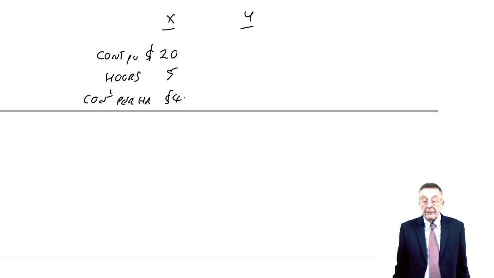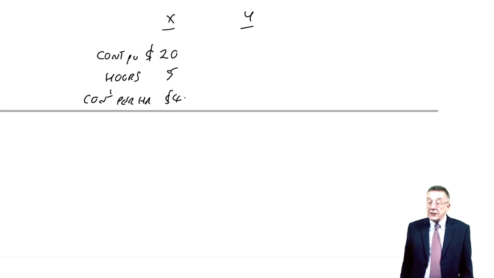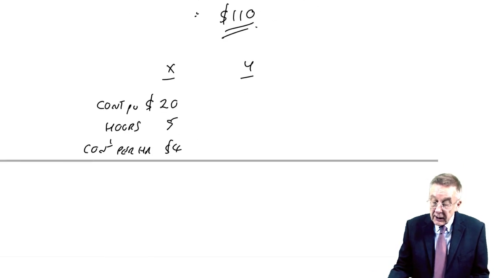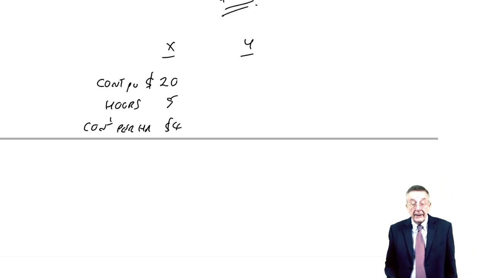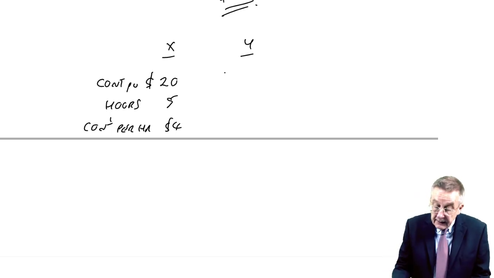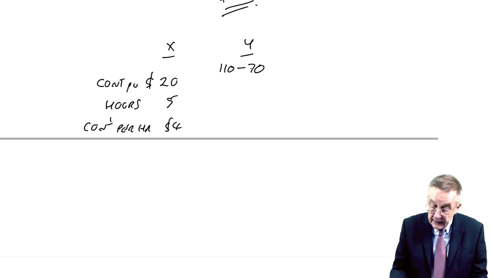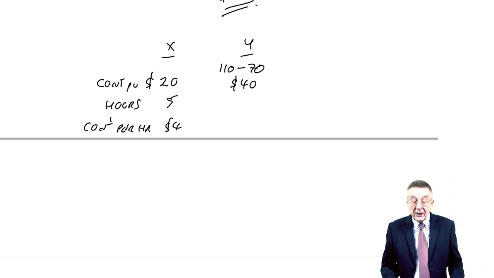We've met that already. Making X's generates $4 an hour. As far as Y is concerned, I've said we're prepared to sell to the other division as long as we get at least 110. If we did charge 110, the cost would stay at 70, so the contribution per unit would then be 40.